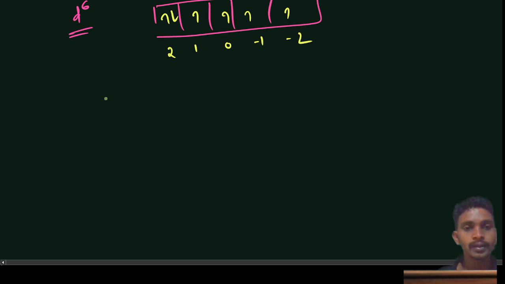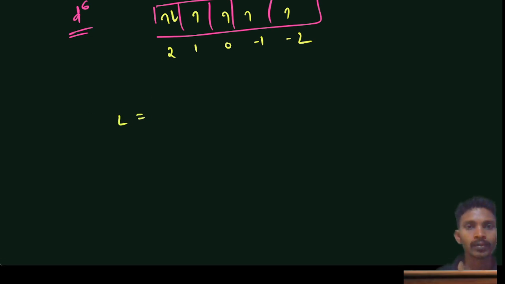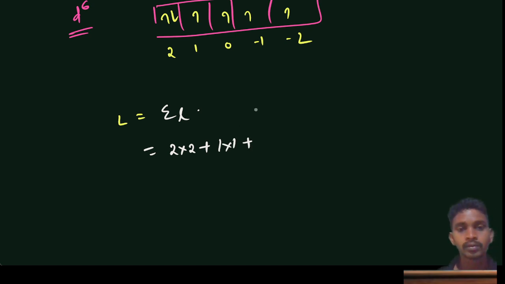Now for this, if you calculate the L value, it will be the summation of L, because this is one orbit. So the summation of L values is 2 into 2 plus 1 into 1 plus 1 into 0 plus 1 into minus 1 plus 1 into minus 2.